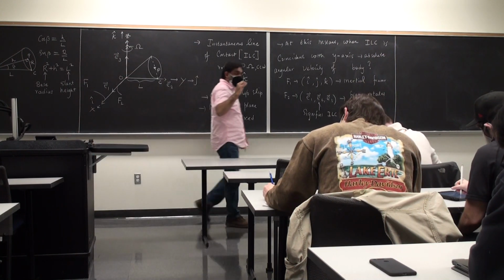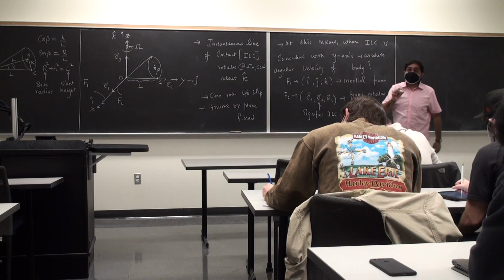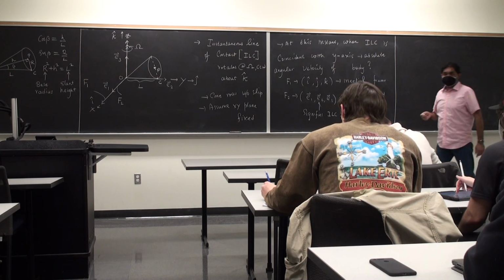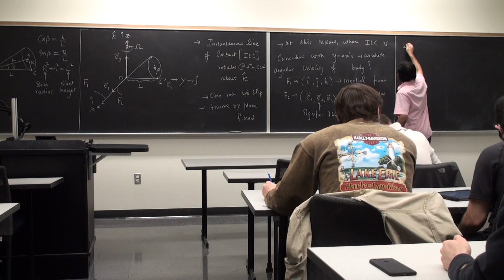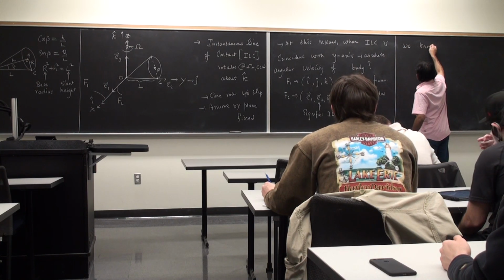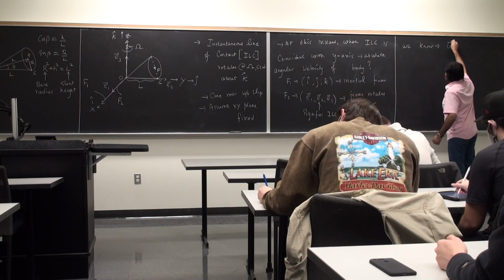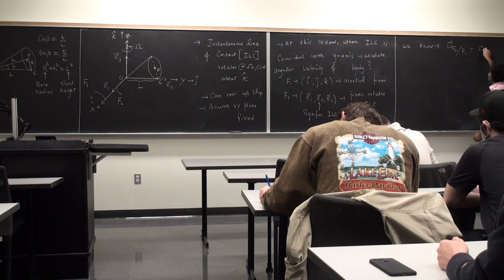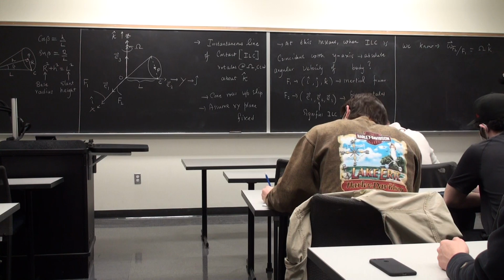Which means that I know the angular velocity of F2 relative to F1, which is going to be omega in the k direction. Omega of F2. Does this make sense to you?